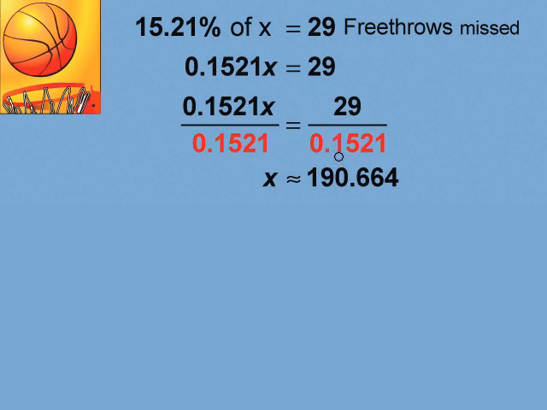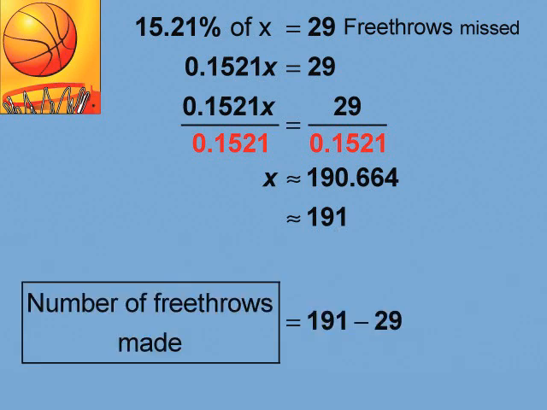We need to round this quotient to a whole number, and we get 191. This is the total number of free throw attempts. To find the number of free throws made, subtract 29 from 191 to get 162. This is the number of free throws that Magic Johnson would have made in a year when he missed 29 free throws.